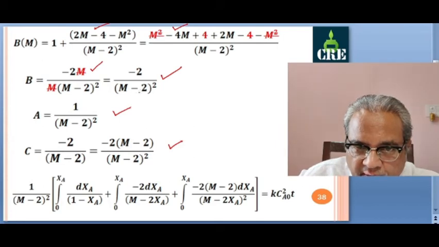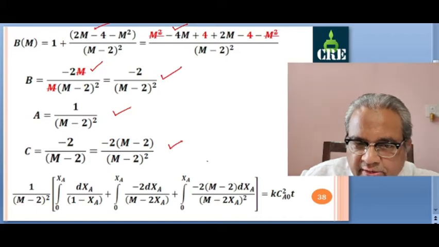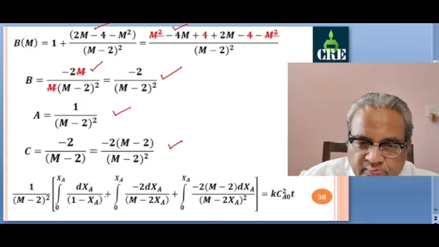So 1 by (M minus 2) square is common from all the three terms. So the constant (1 minus M by 2) square I have written outside the integral sign. So first, for A, only 1 is left in the numerator, so dXA by (1 minus XA).